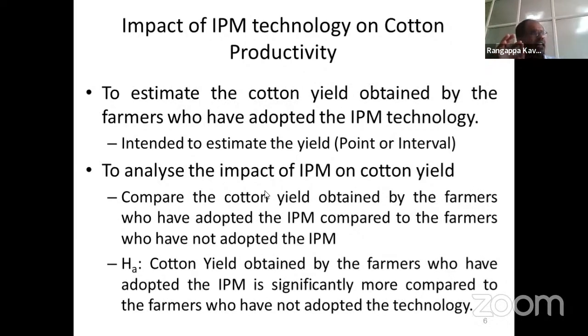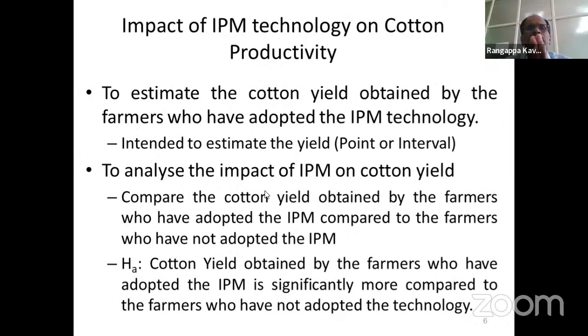A farmer has to use integrated pest management technology, like seed treatment, selecting the right pesticide, and other practices. The objective of the study is to estimate the cotton yield obtained by the farmers who have adopted the IPM technology.